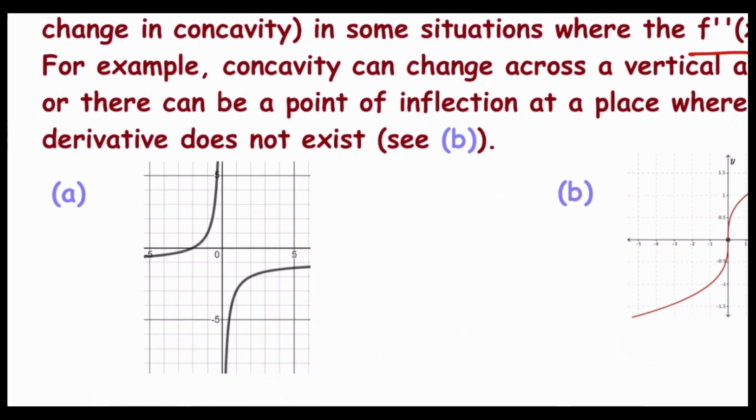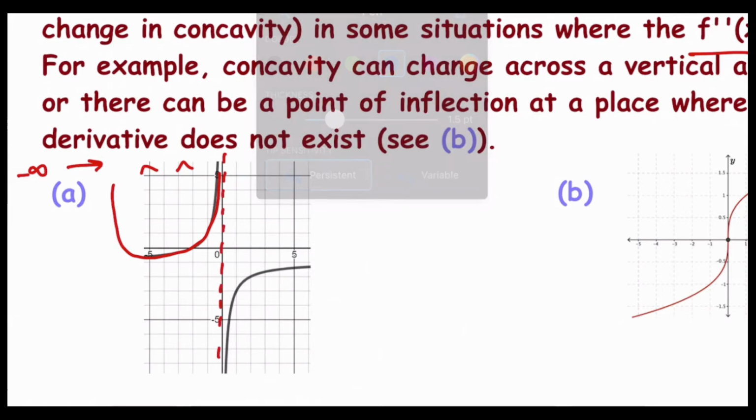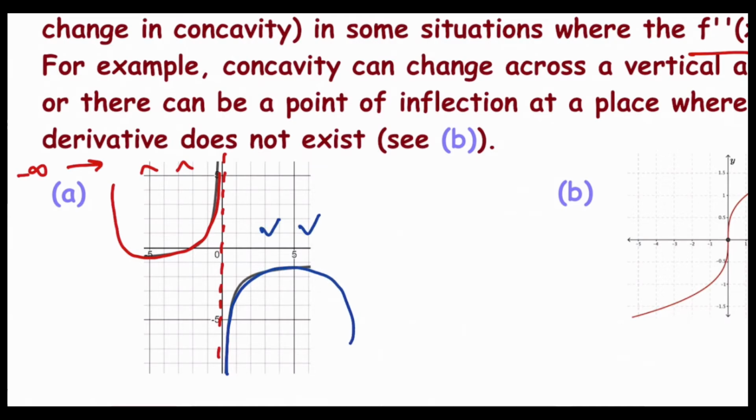We can see here, as I'm approaching from negative infinity, that my graph is curving up, so we can kind of complete our smile there if we wanted to. After my vertical asymptote here, I can see that my graph is curving down, and we can kind of complete the frowny face here if we want. You don't need to draw the faces, it's just a tool to help you remember. So we see there's definitely a change in concavity here.